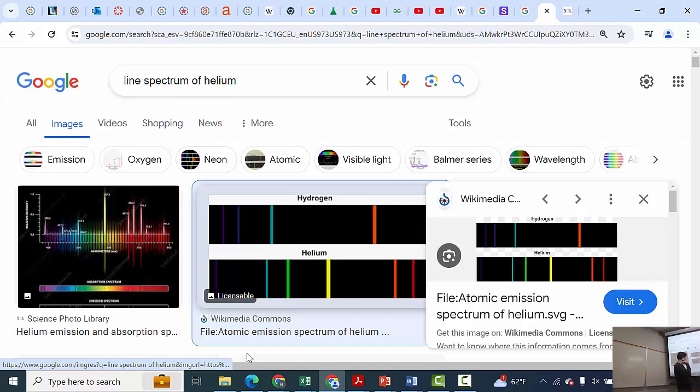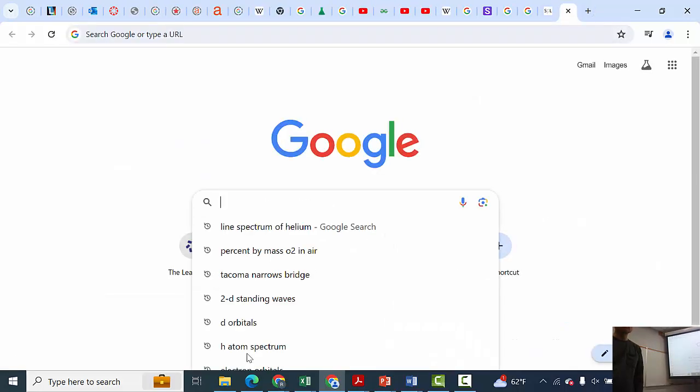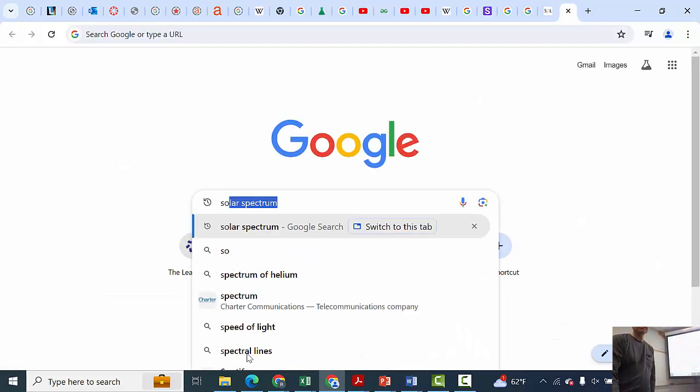And so when we look at the line spectrum for helium, we can attribute these lines to a transition between orbitals, versus in hydrogen, it's a transition between energy levels. Now, there are some line spectra that are not very complicated, like sodium, but there are some complications.